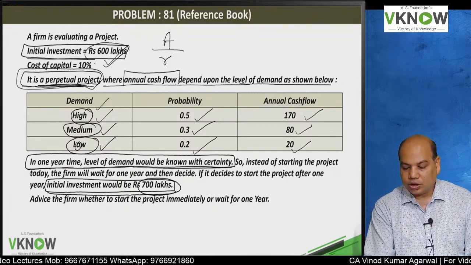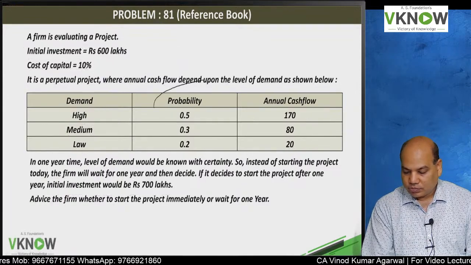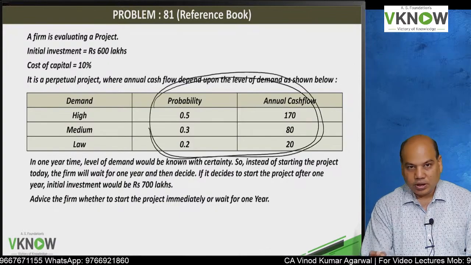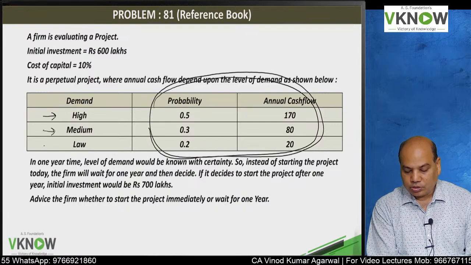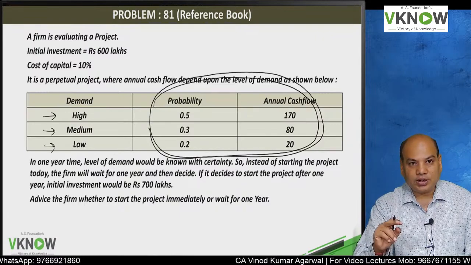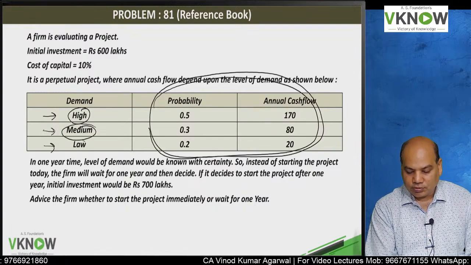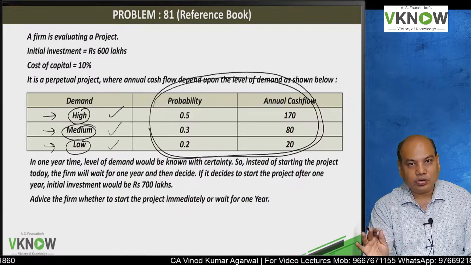If you start today, you have to deal with the expected cash flow of the next year. But if you wait for 1 year, then you will do 3 calculations, because by the time 1 year is over, you will know the demand position, either this or this or this, not all 3.